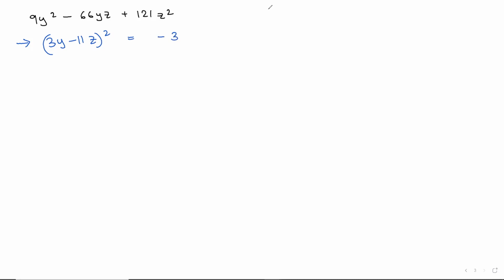Minus 3y plus 11z whole square. Now, who is right and who is wrong? Let's have like a debate. Come on. What do you guys think?